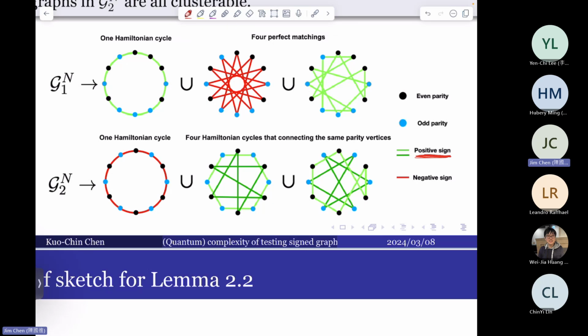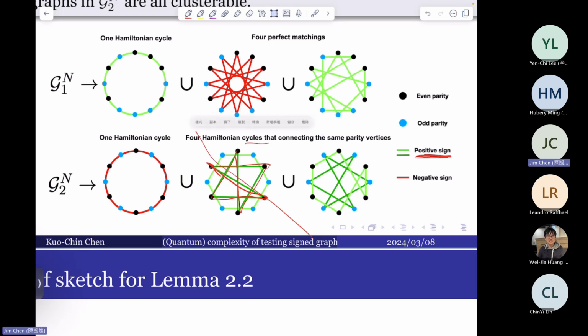For example, we know the black dots represent the even parity vertices, so we could find that these edges connect them together. And G2 contains four such cycles.